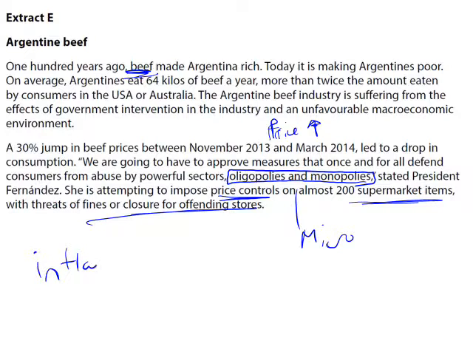If it's to try and tackle inflation and it's trying to bring prices down for consumers, it's going to be a maximum price. We also have a little bit of information about the effectiveness of that, because it's threatening fines or closures for stores who do that. So this might be a relevant one to use for a diagram as well.